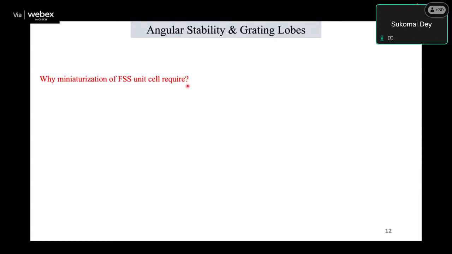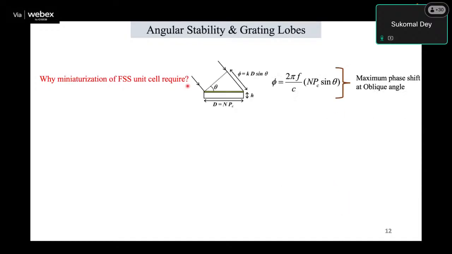So try to design a miniaturized version of the FSS such that you can accommodate more unit cells within a given area. Why is it important? Suppose this is the total length of the FSS, defined by D, and it has n number of structures multiplied by PC, the periodicity.